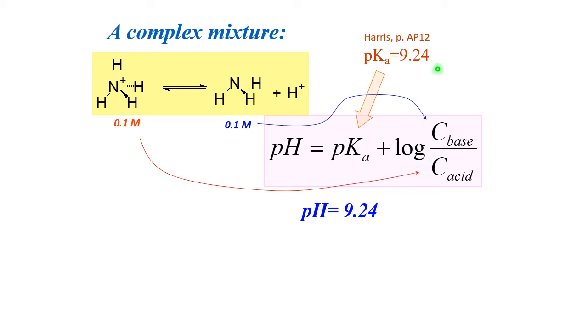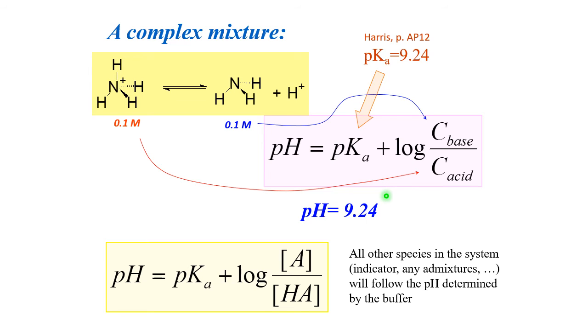Actually, I did no calculations at all. It's a very important result. If the concentrations of base and acid are equal, the pH of the buffer solution will be simply the pKa of our buffer system. No calculations are necessary.